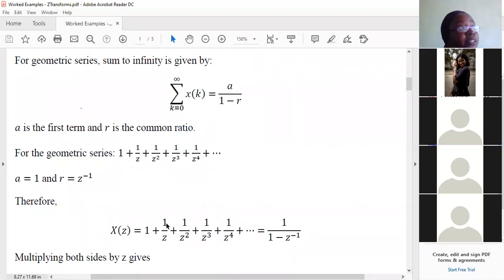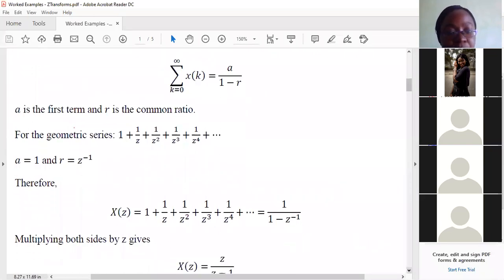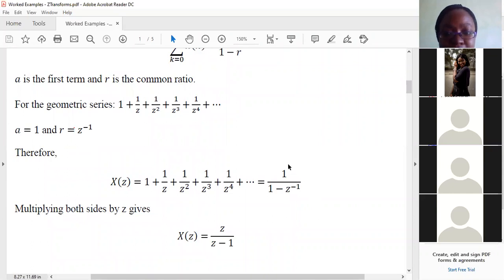Then when you multiply both sides by z, so you multiply the numerator by z and the denominator by z, you are going to get this. So this is the Z transform for a unit step signal.